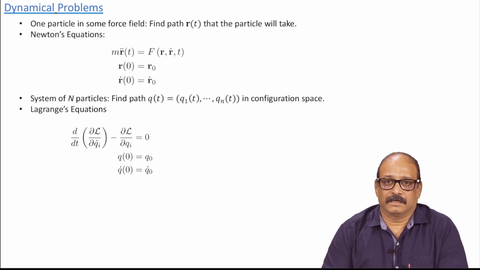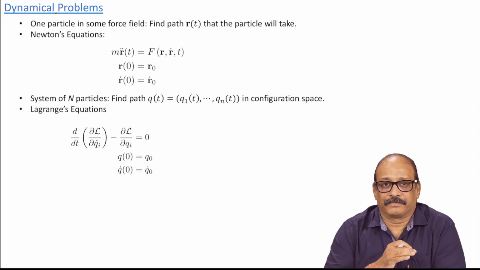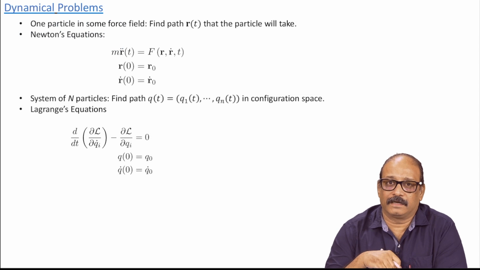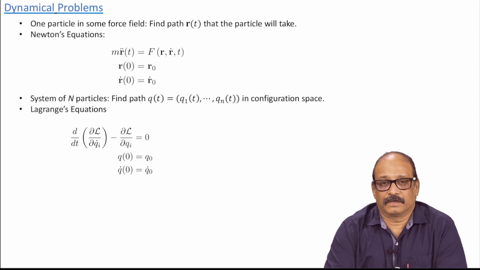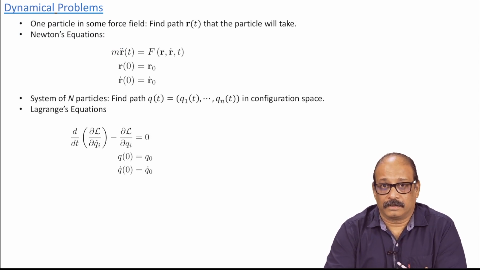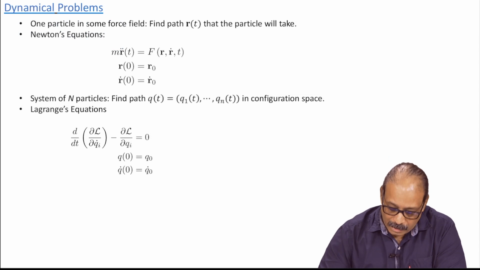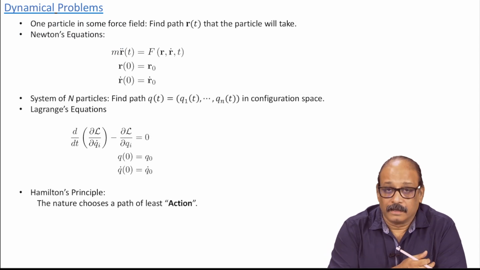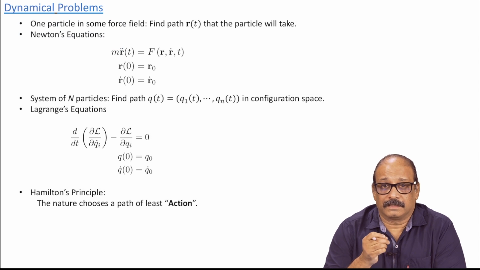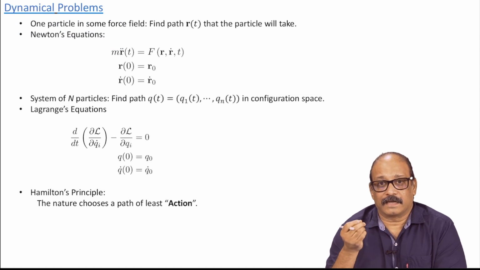Now, for people who believe in nature, it's a slightly uncomfortable feeling that it's such a technical definition of which path the system is going to take. It's a very mathematical definition. It doesn't seem to give a nice idea about what nature is going to do, and that's where Hamilton's principle comes in. Hamilton's principle is a very elegant principle, which says that nature chooses that path which has the least action.